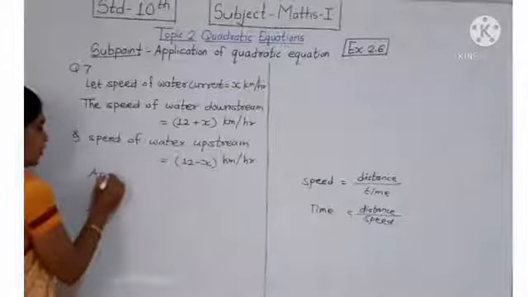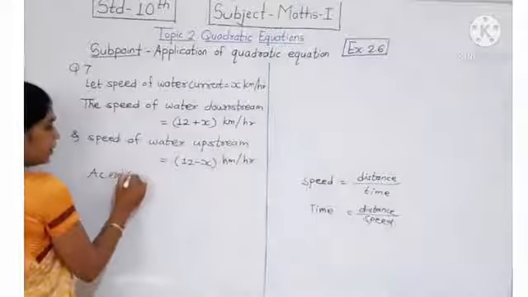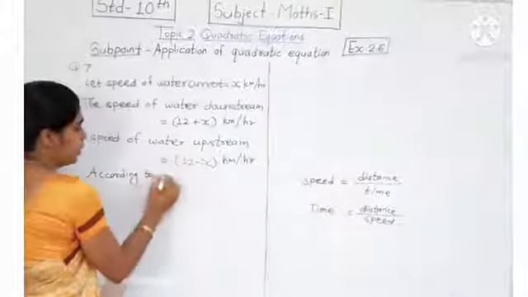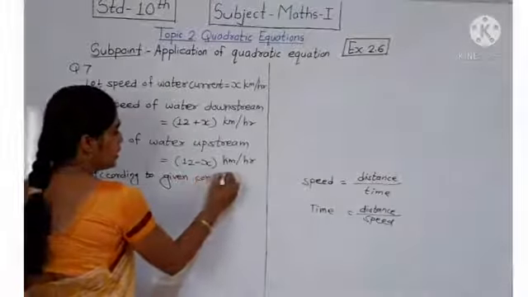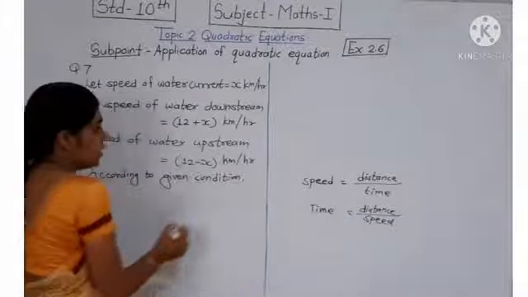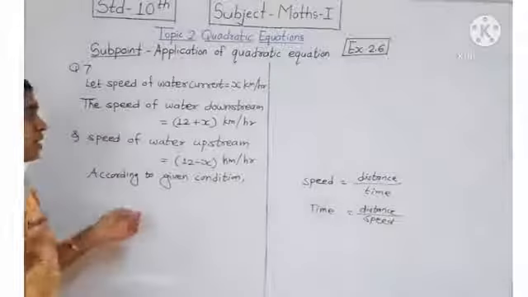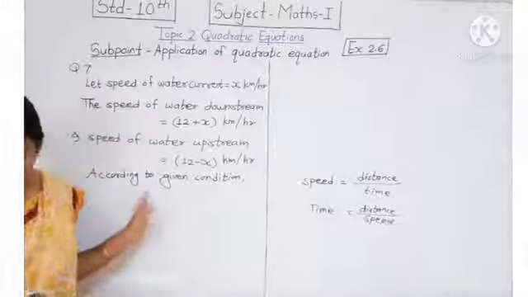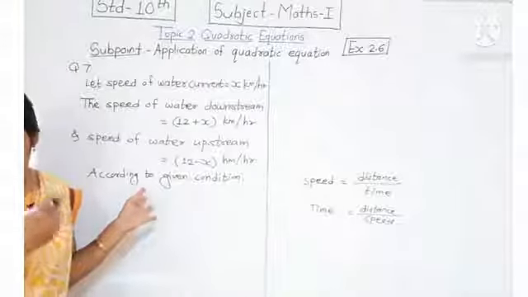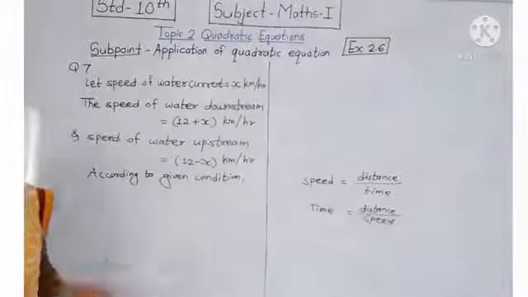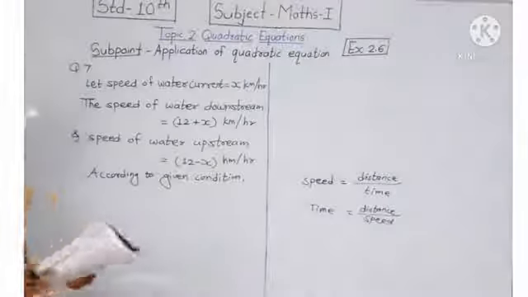So, according to the given condition, Pratik requires 36 distance in 8 hours.